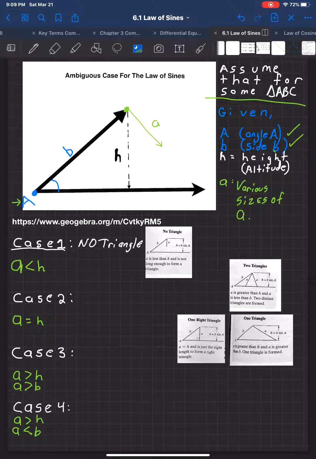You can see it a little bit better there. So in this case, when side A is less than the height, the altitude of the triangle, it can't touch. And you can't change angle A. It's not like you can bring this guy up here to touch it. No, angle A is fixed, so you can't change that.